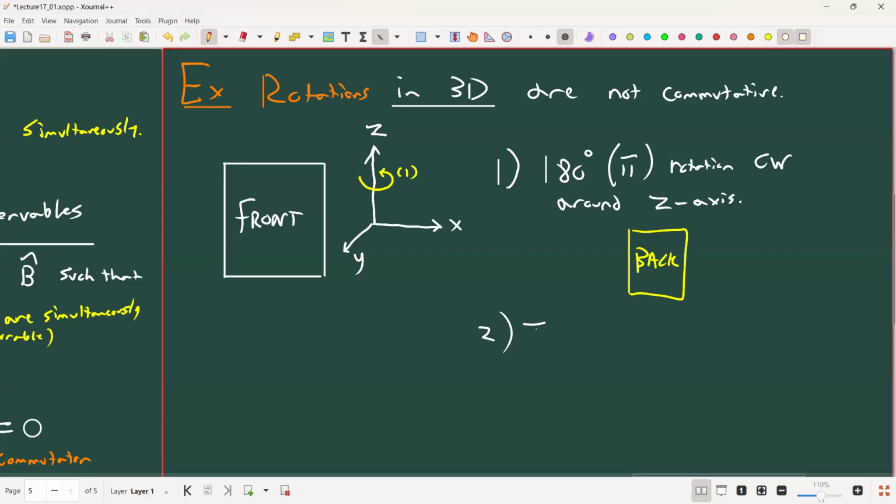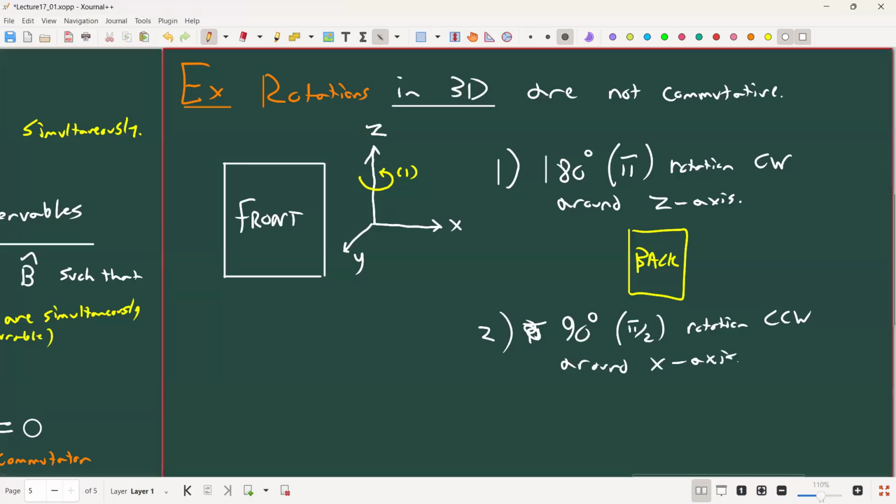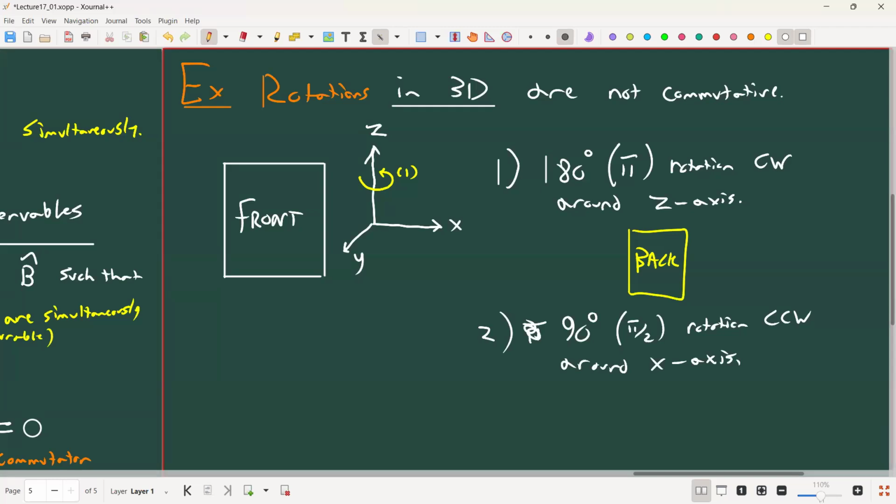All right, now I'm going to do a 90 degree rotation counterclockwise around the x-axis. This is the x-axis, with x increasing in this way.